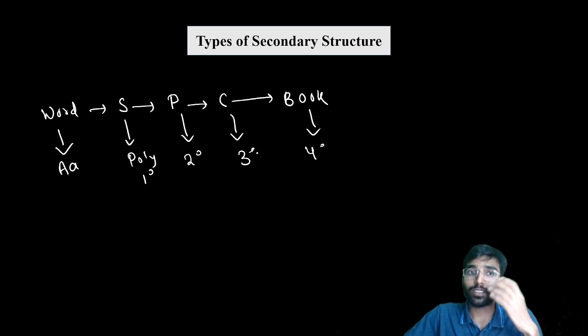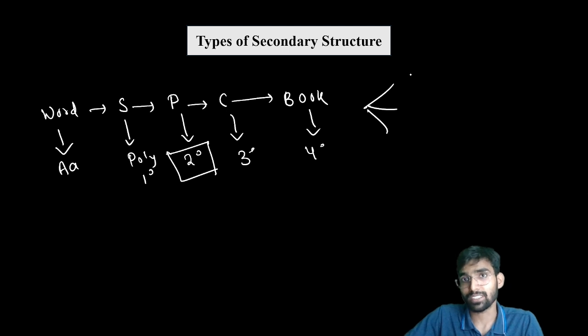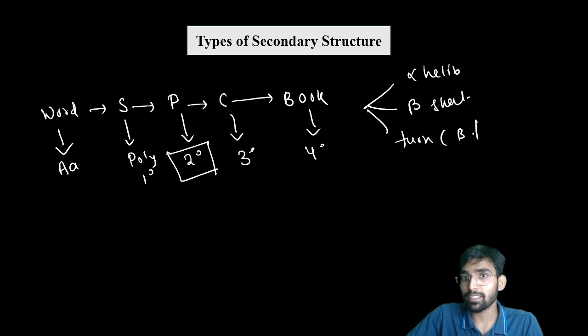Now we have to focus on secondary structure, and there are three different kinds of secondary structure. One is the alpha helix, another is the beta sheet, and the third one is the turn. In most cases it's a beta turn.